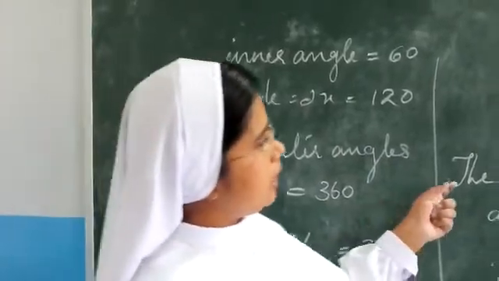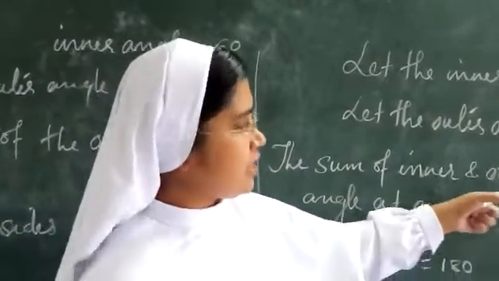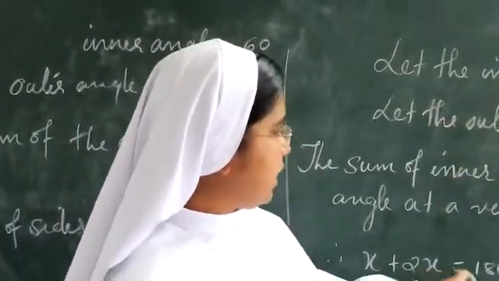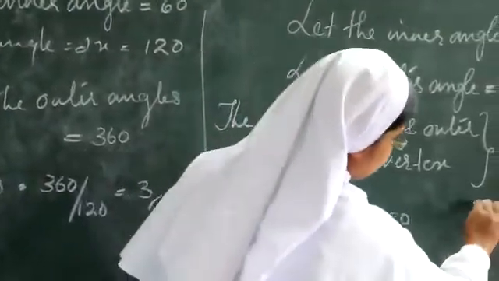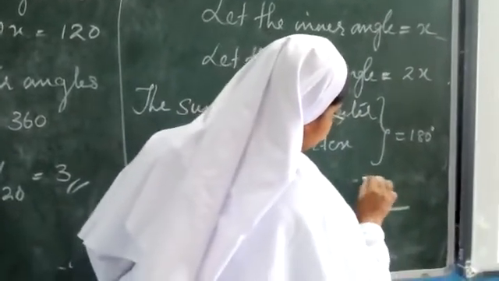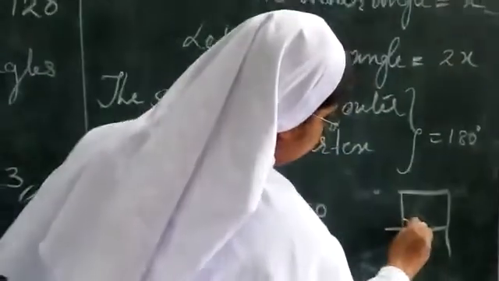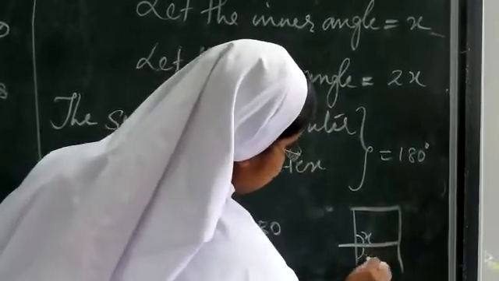So we have solved here. The sum of the outer and inner angle at a vertex is equal to 180. So x plus 2x is equal to 180. How did we get x and 2x? If the inner angle is x, the outer angle will be 2x.